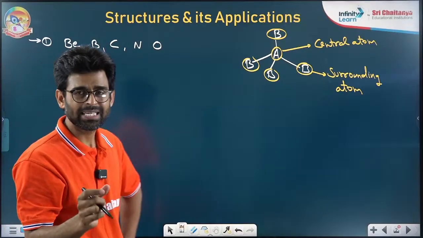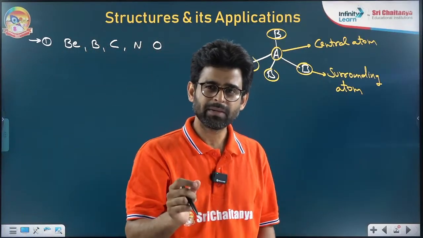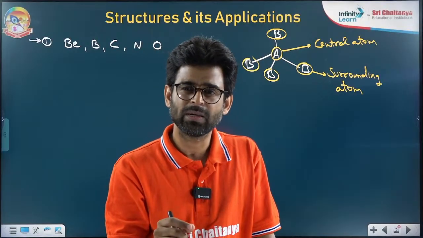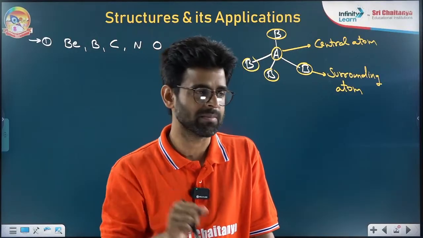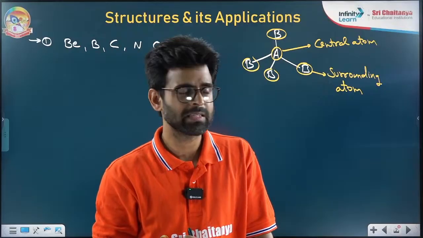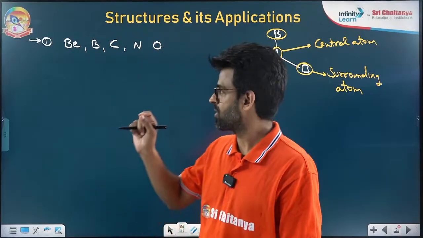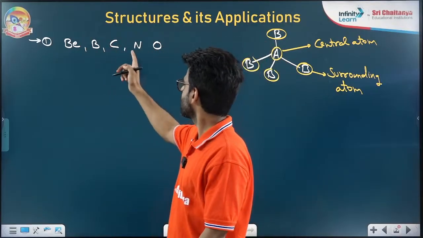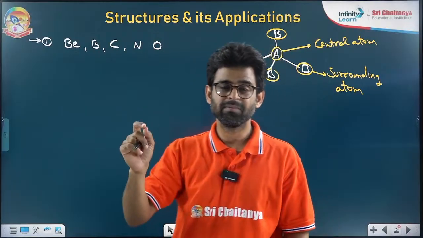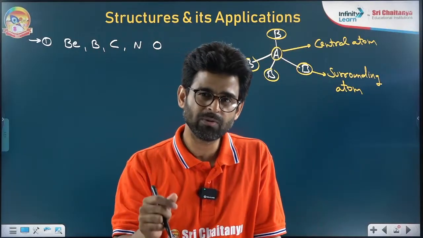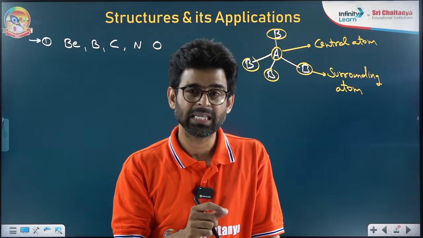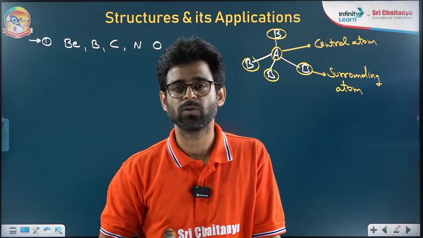What is the similarity in all of these? What is the same thing in all of these atoms? Beryllium, boron, carbon, nitrogen, oxygen. In many examples, these will be your center atoms. Tell me what is the common thing in all of these?